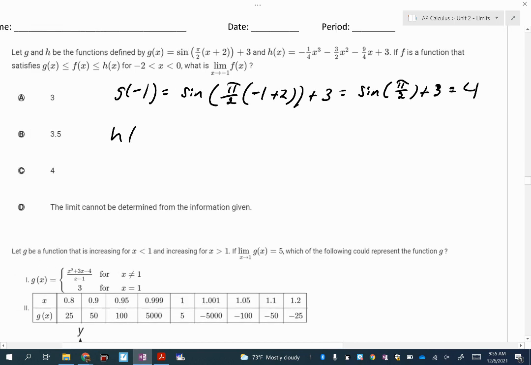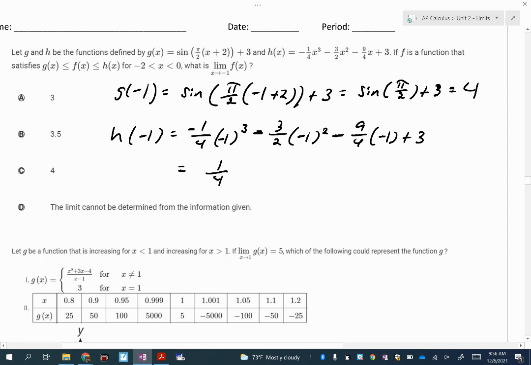Let's plug in -1 into the h of x function. So -1/4 times -1 cubed, minus 3/2 times -1 squared, minus 9/4 times -1, plus 3. So a negative times a negative is +1/4.